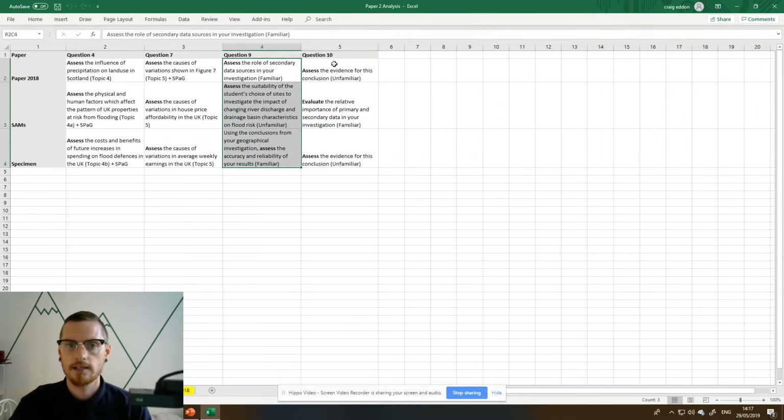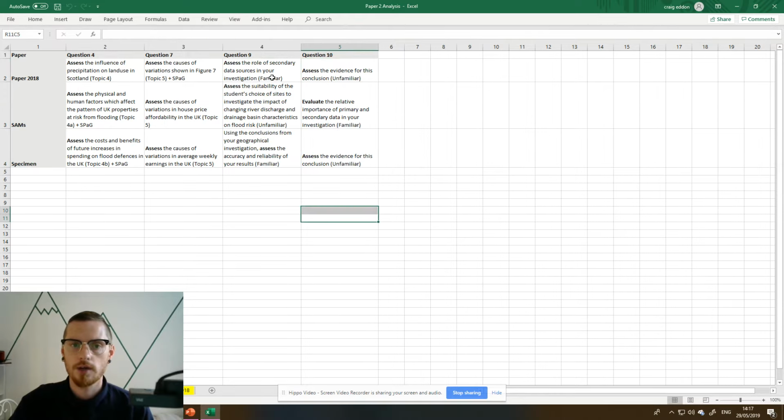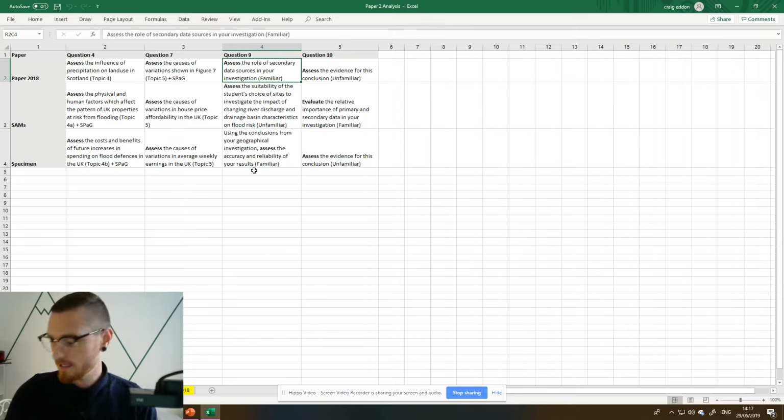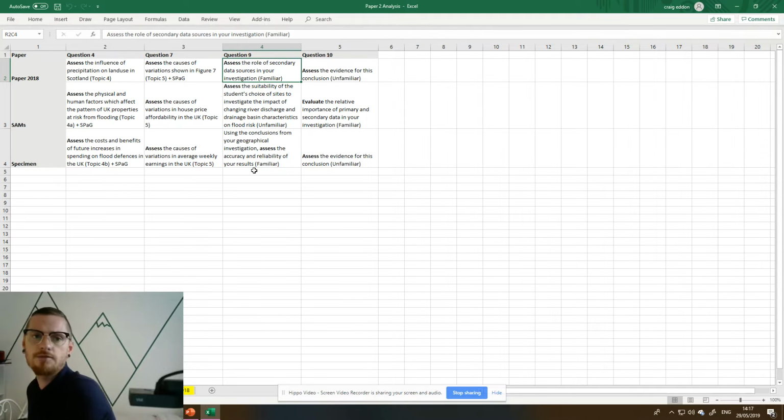So 9, 10 is fieldwork. You can see where I've put in brackets if it's familiar or unfamiliar. So this here, question 9 is assess the role of secondary data sources in your investigation.